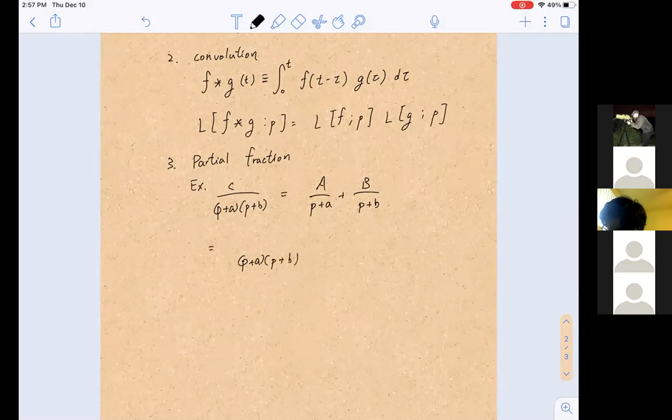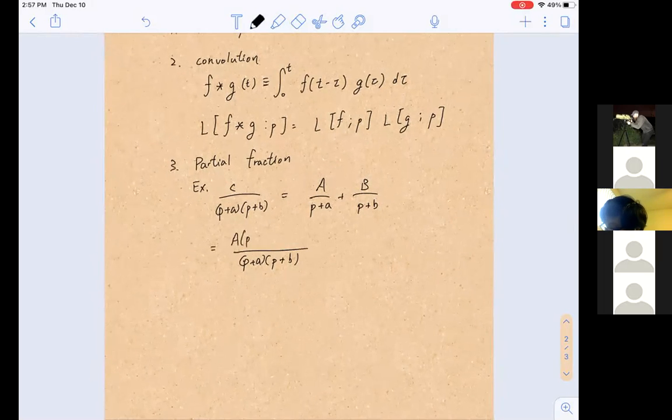So you first assume it can be separated into these two terms, and you let A and B be general things that you solve for. So you find the common denominator. This becomes A(p plus b) plus B(p plus a).